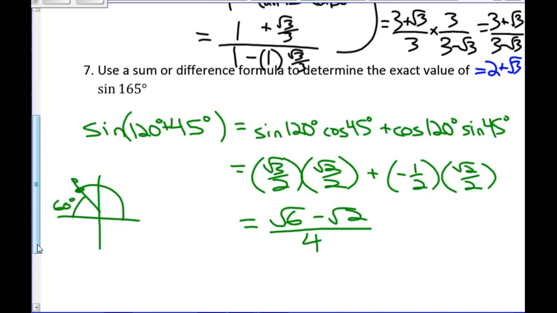The big idea here is that you need to find a way to re-express 165 in terms of the sum of angles that you know something about. So if we had written this as sine of 130 plus 35, that's useless because we don't know anything about sine 130 or 35. It's only our basic angles, 0, 30, 45, 60, 90, and their multiples.